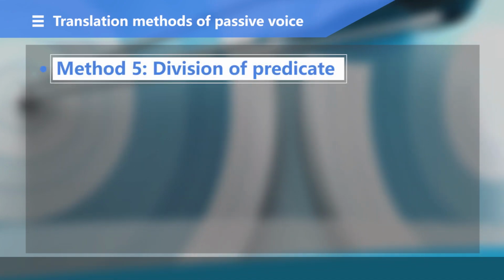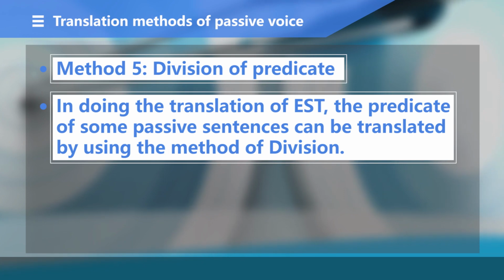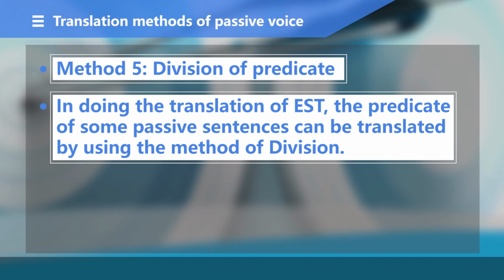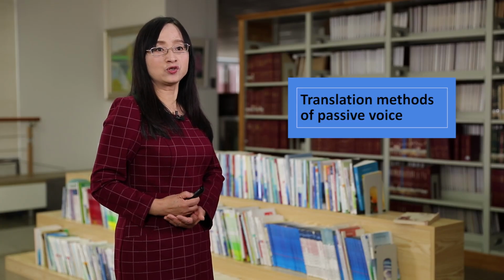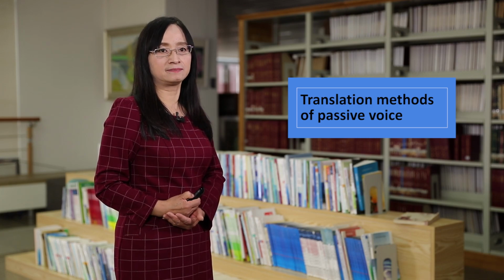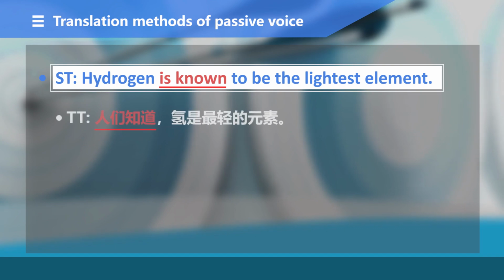Method 5. Division of a predicate. In doing the translation of EST, the predicate of some passive sentences can be translated by using the method of division. Example 9 and 10 are given to show how to use it. Look at example 9 and 10.